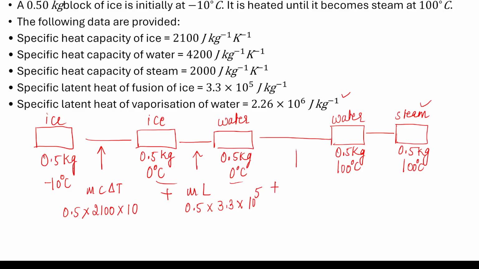Plus here, what do you think? Temperature change, so which formula? mc delta T, 0.5 times the specific heat of water, it has become water now, and temperature changes 100. Plus here state change, mL, m is 0.5 times L is 2.26 times 10 to the power 6.